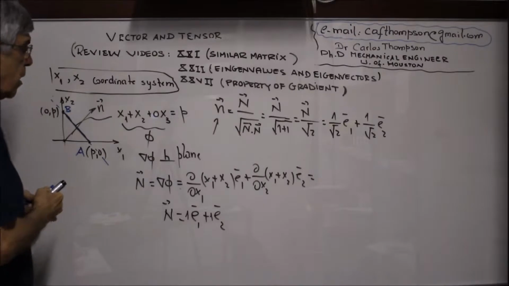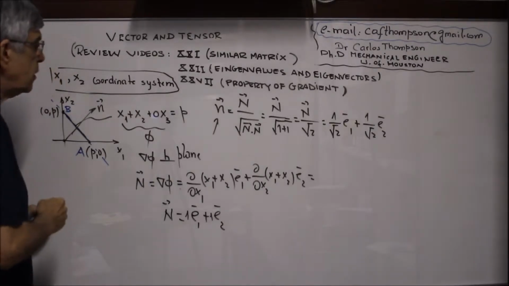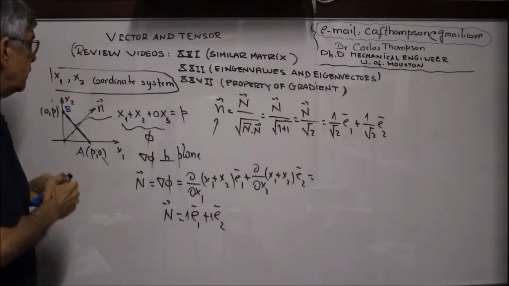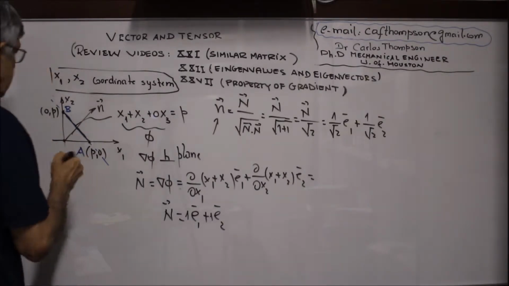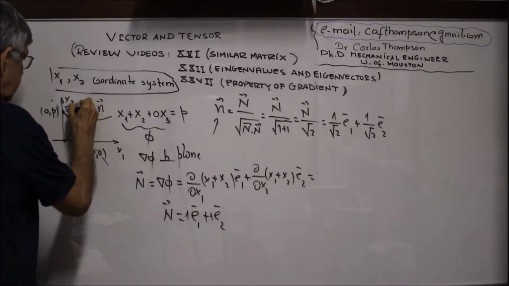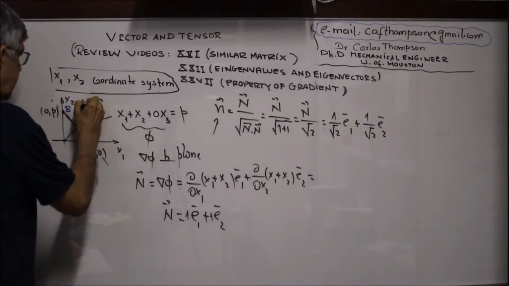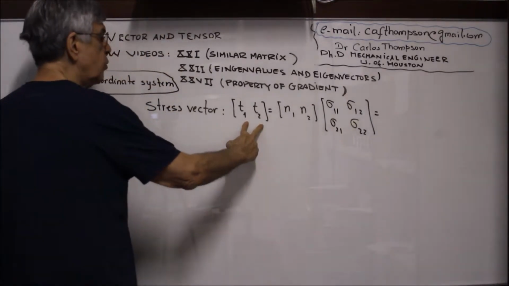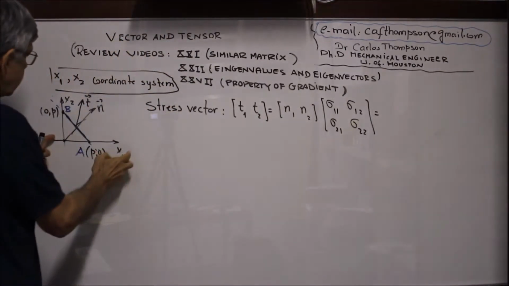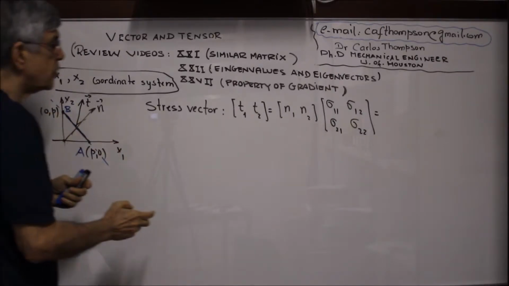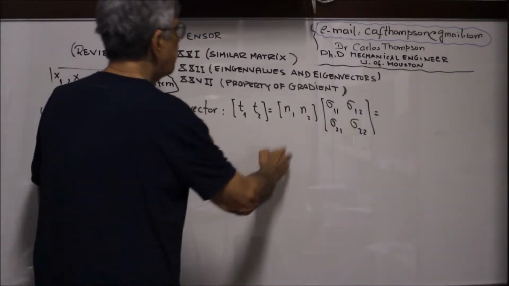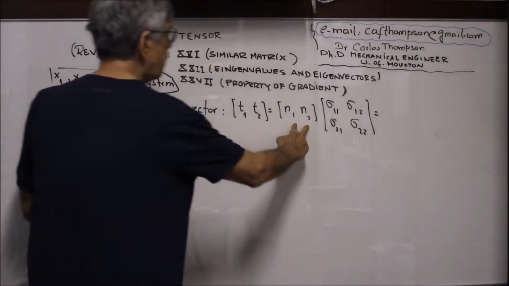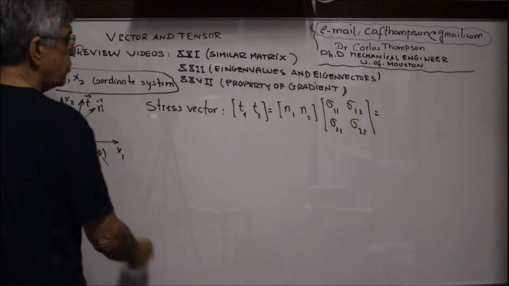Okay, now let's continue. I want to find the stress vector T. T1 and T2 are the components with respect to x1 and x2. N1 and N2 are the components of the unit vector with respect to x1 and x2.